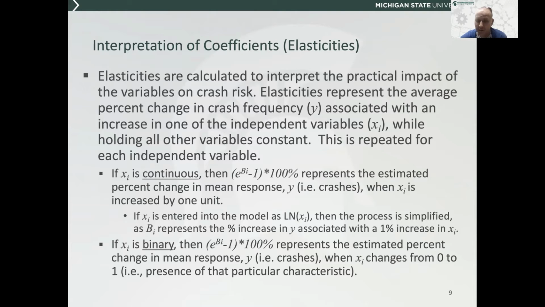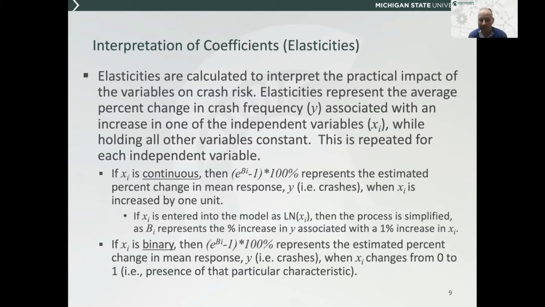So if we exponentiate beta, that would be the ratio of how many crashes we'd expect to see with that treatment versus without the treatment, for example. If we subtract 1 here, the exponential of 0, which would correspond to no effect, would be equal to 1. And so this would tell us the percent change we'd expect to see in crashes for a 1 unit increase in X, okay? And so a binary indicator variable would be a special case of that.